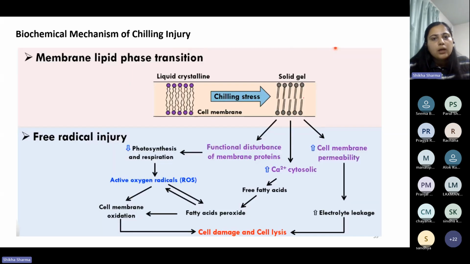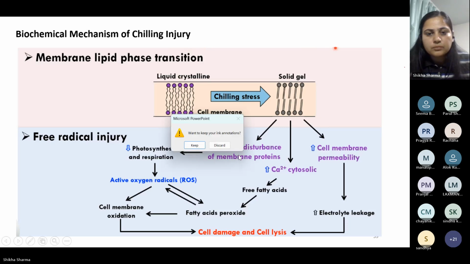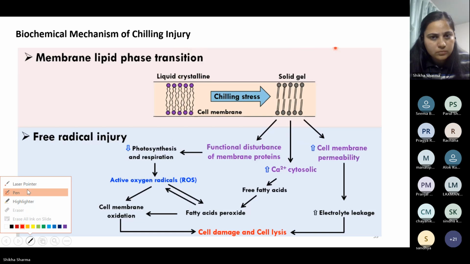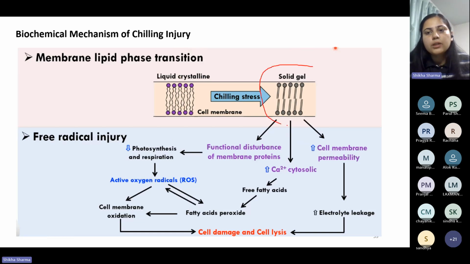In the membrane there are liquid crystals, and because of the chilling stress, they will convert into solid gel.